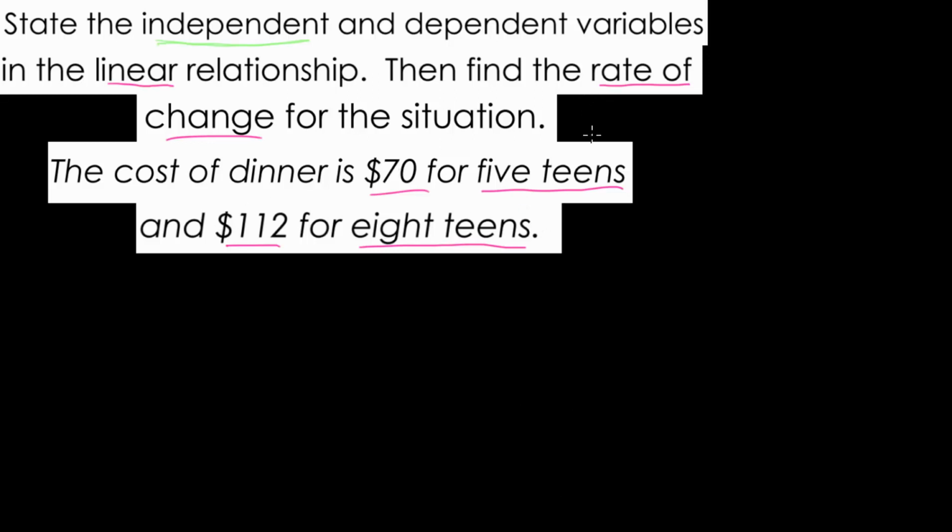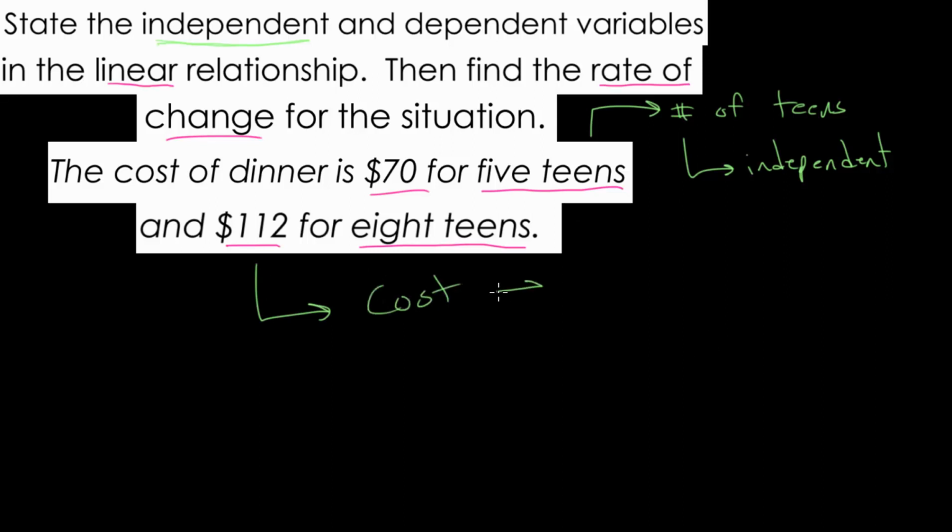So we can say that the number of teens is our independent variable. This is essentially what drives the dependent variable. And the cost is our dependent variable. This depends on how many teens there are. If you're unsure which is which, you can always try it in reverse and ask if that would make sense.